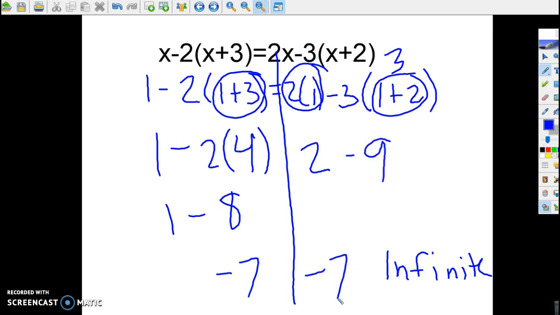So I can put any number in for x that I want, and I will always get a true statement at the end. I will have the same number on the left side of the equal sign as I do on the right, and that's why we call this type of a problem an infinite solution problem.